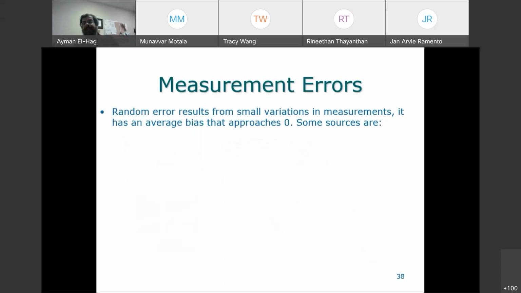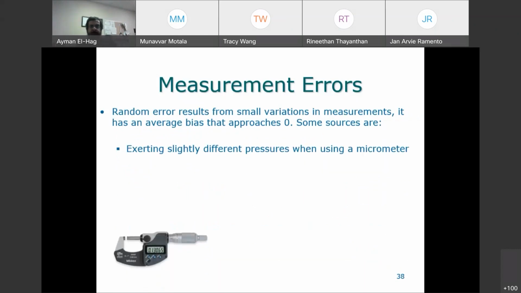The other type of error is a random error, not consistent like the previous one, but it goes up and goes down in a random fashion. Why is that? For example, if you are using this micrometer, we use it to measure a thickness of, let's say, a sheet of paper, a sheet of steel, something like that.